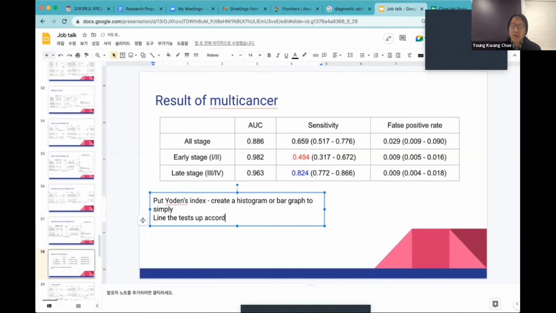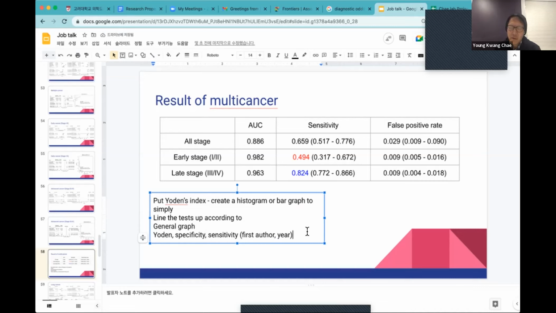People would want to see that in ranks. So just a general graph, with the y-axis being Youden, sensitivity, specificity, lined up from highest to lowest for each study. You could just put the first author and the year for those bars. I think that would be a good description people would want to see.